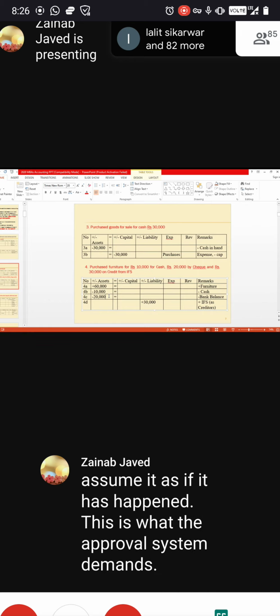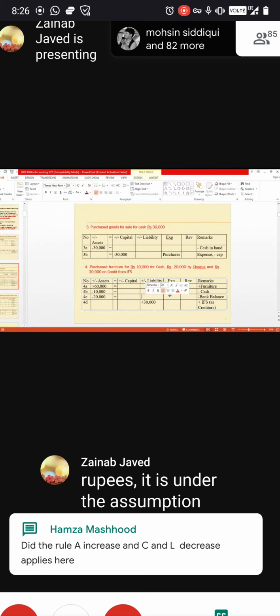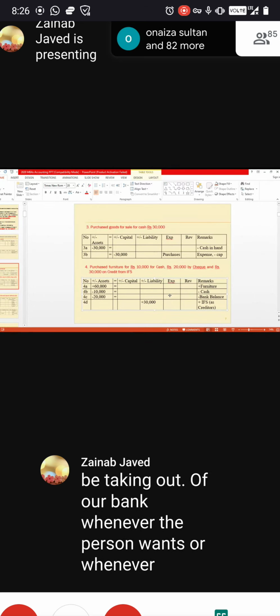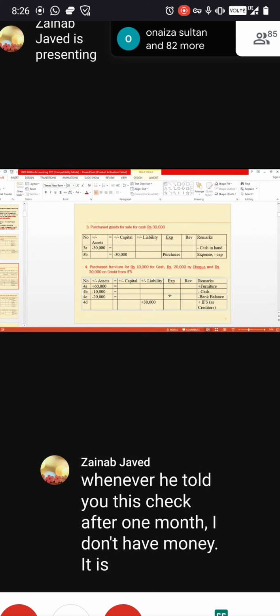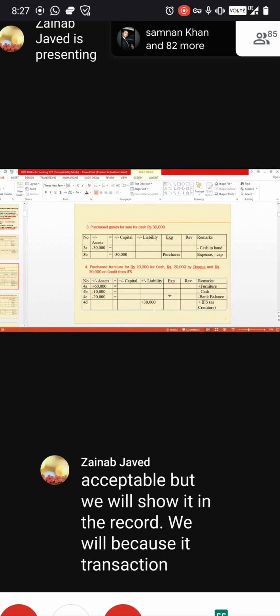So with respect to this 20,000 rupees, under the assumption of accrual, money will be taken out of our bank whenever the person wants, or whenever we have told him, deposit this check after 1 month. I don't have money, but we will show it in the record, because the transaction is complete.